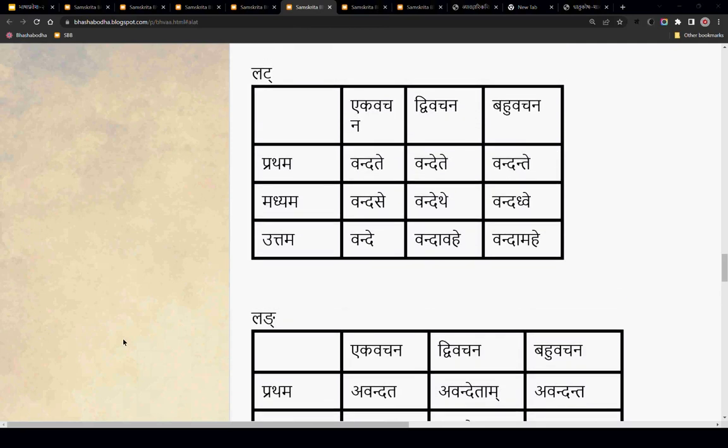In place of Vande, if you put Preksha, what would be the forms here?